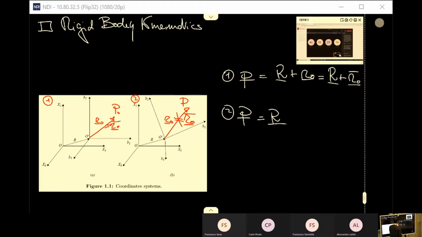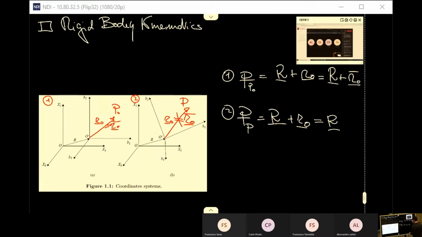But okay, so now the question follows naturally, because in the second case we have P, so the position of the point P. This was of P0, now it's of point P. Is it R0, R0 without an overbar again? But what if I want to describe this position, again, making reference to quantities which are expressed in the local frame?